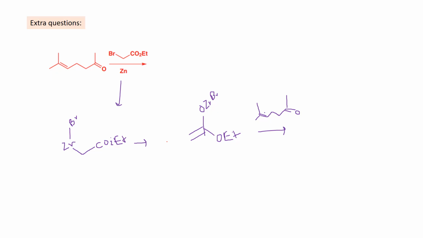If this is alpha, this is beta, this is gamma, delta, so it is gamma delta. So this Michael addition type of reaction is not possible. The only possibility is into this carbonyl center. This is a thing to notice, because whenever we see any carbonyl compound with a double bond, we think about Michael addition, but you have to notice the position of the double bond. Sorry, I was just talking and I did the same thing.